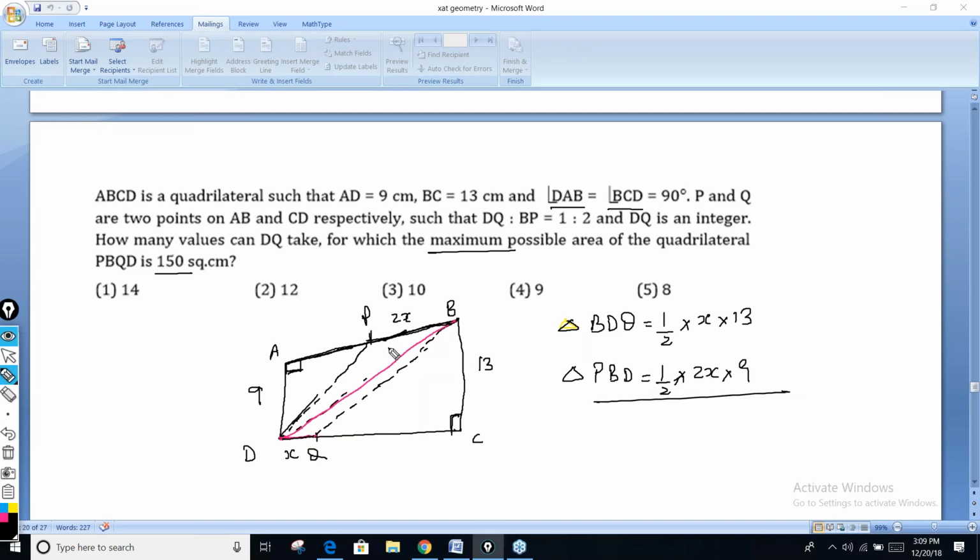And if I add these two, this will become the area of PBQD. What is the complete area of quadrilateral PBDQ? That is the summation of these two, which is 9x plus 6.5x, that is 15.5x. And that is given as maximum 150, so this is less than or equal to 150. So what is the value of x? X is less than or equal to 150 upon 15.5.